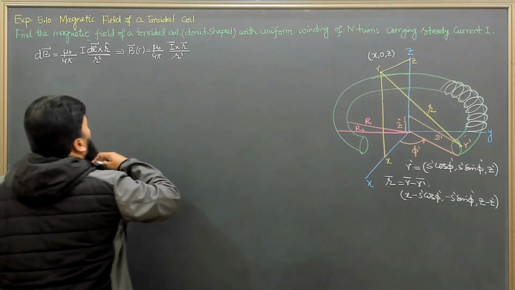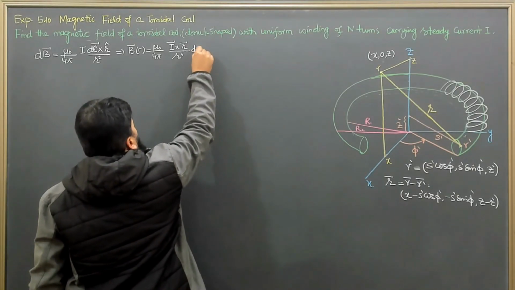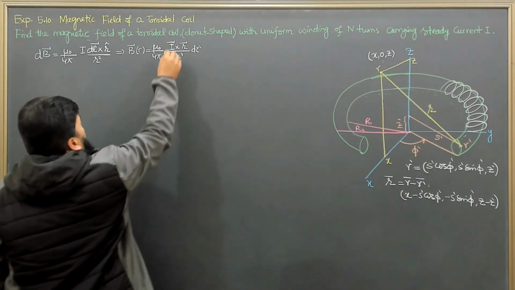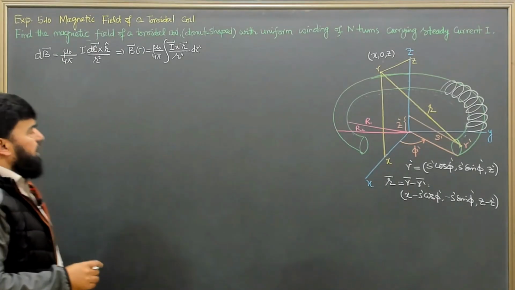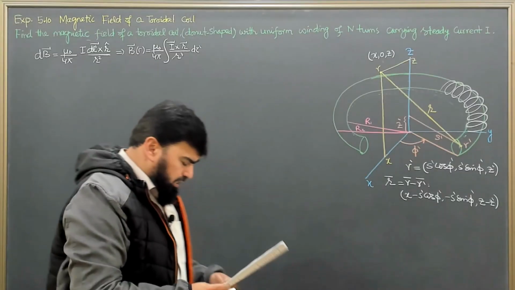So this will become R cubed here, and then there will be d tau prime on which we will do the integration. This will make our magnetic field at observation point R.